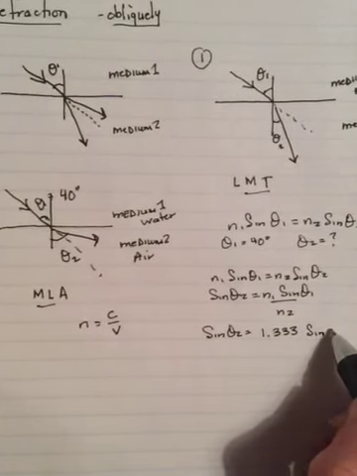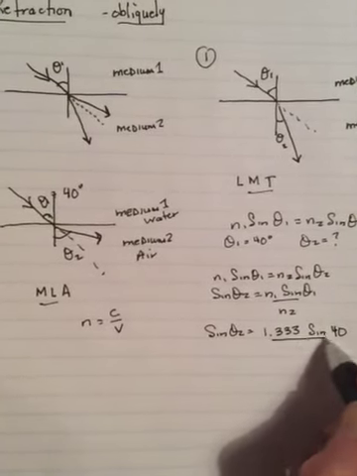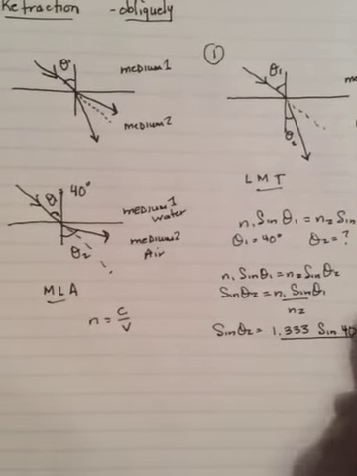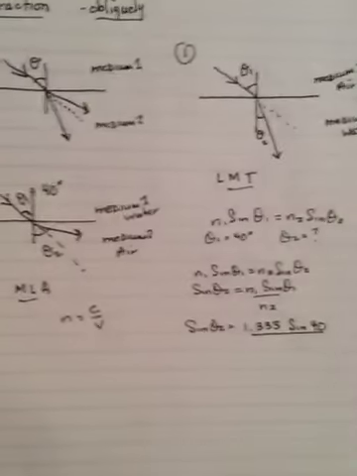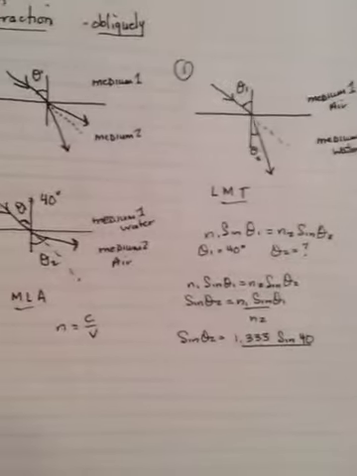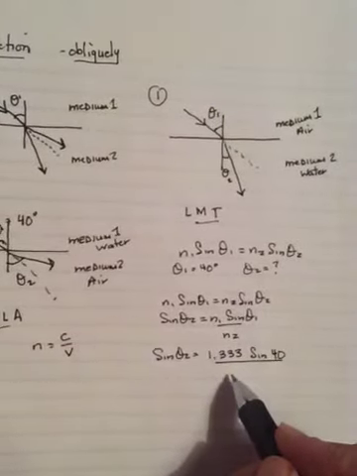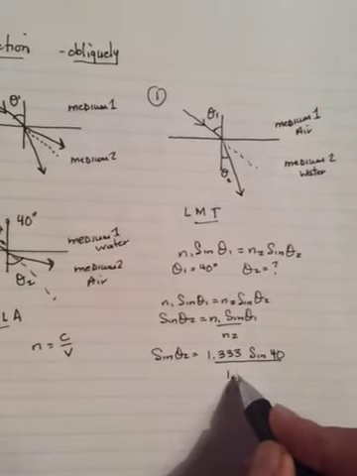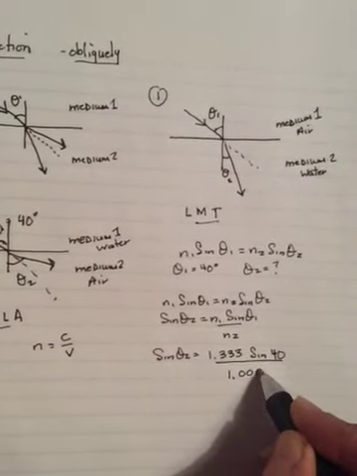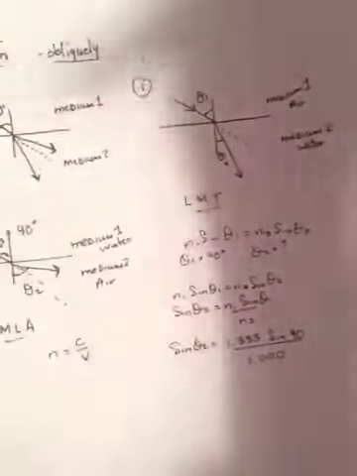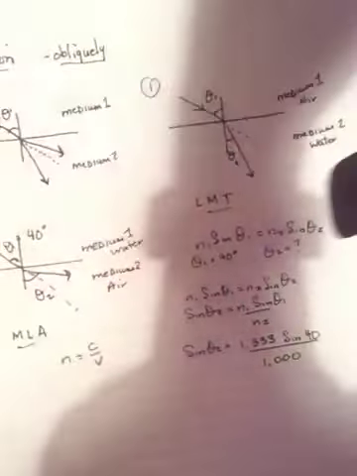This sine theta 1 will be sine of 40, and then you look up, shoot, I didn't pick a very good angle. Then you look up air, and going into air, it'll be 1.000, I forget, I need to find the chart. It's really close to 1. Oh, chart's on the back, not forward. 0.29.